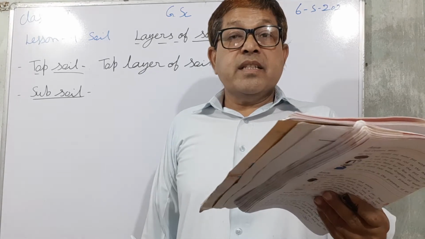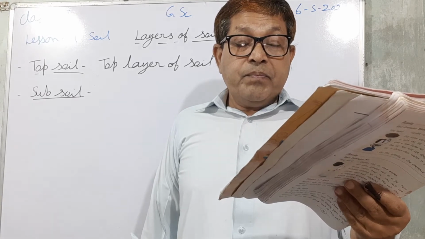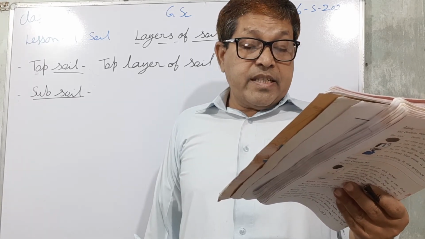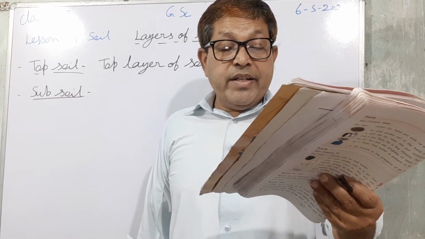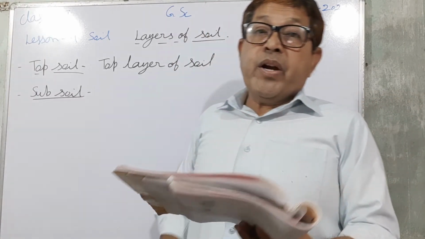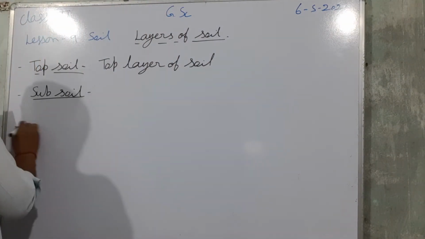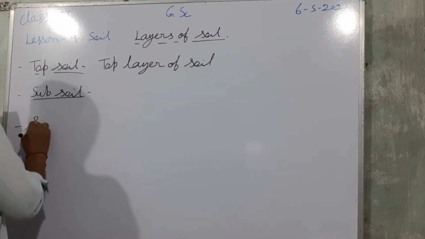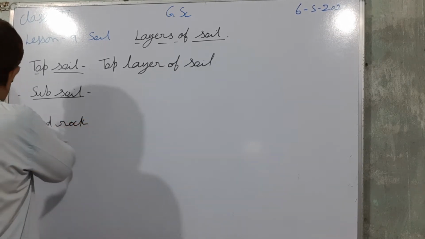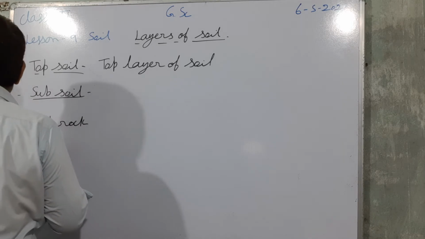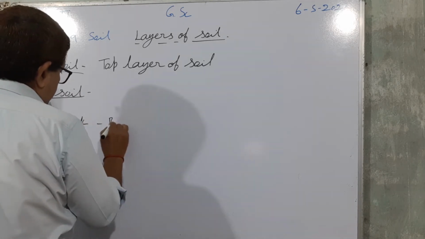It is called the subsoil. And the bottom layer is made up of solid rock and is called the bedrock. The third layer is bedrock, the bottom layer.